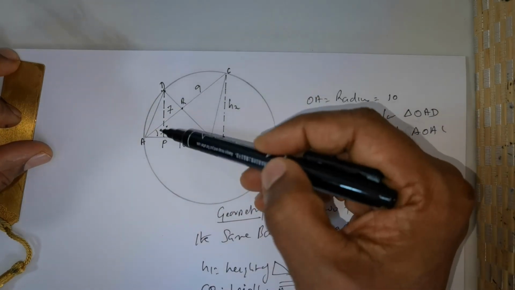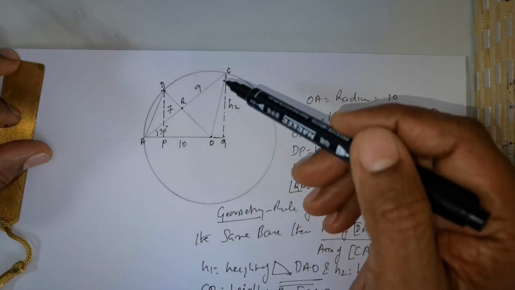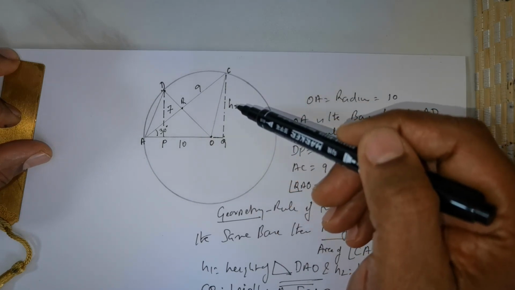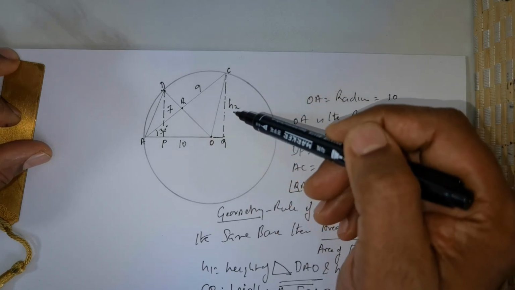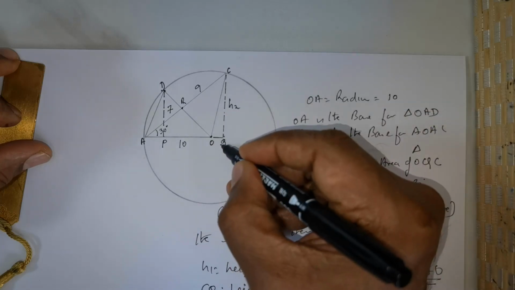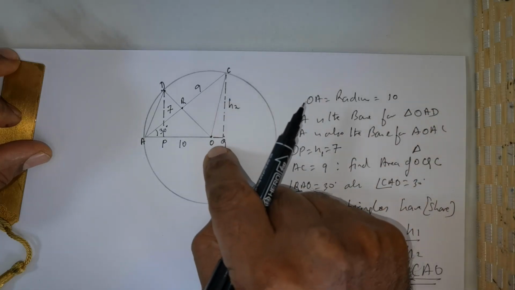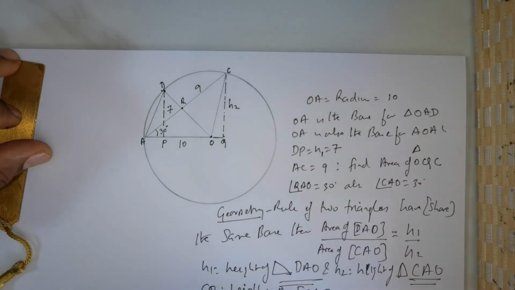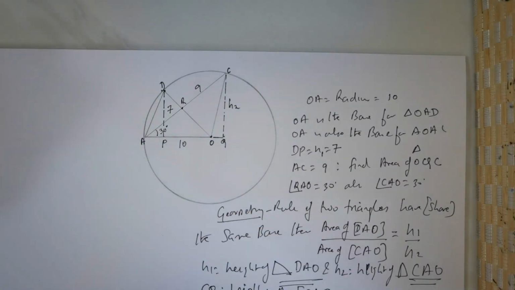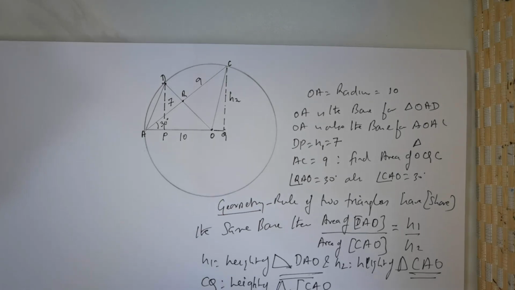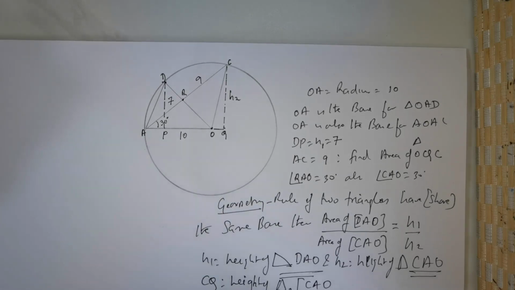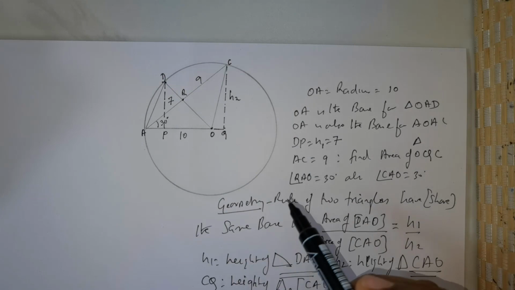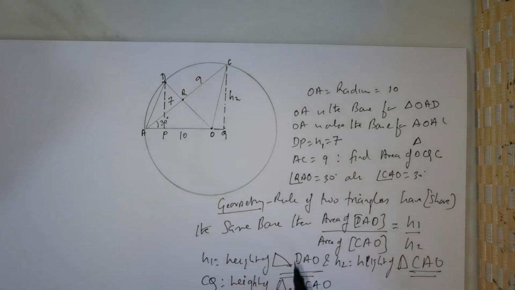I need to get the area of the first triangle, and I need to get H2. If I get H2, then I will be able to find this strip and then subsequently this height. So you got a lot of things to do. Having given you this information, it involves a lot of geometrical concepts.